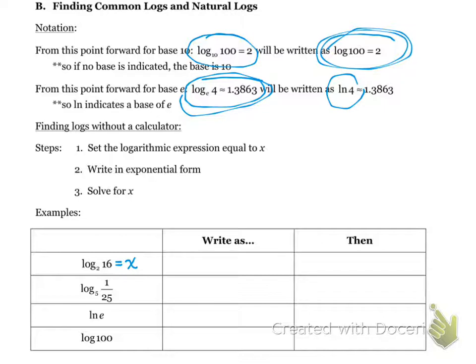We're going to rewrite it in exponential form. So we have 2 to the x equals 16. Now these are called common logs, meaning we should be able to know what 2 to the x is. That gives us 16, and that is 4.